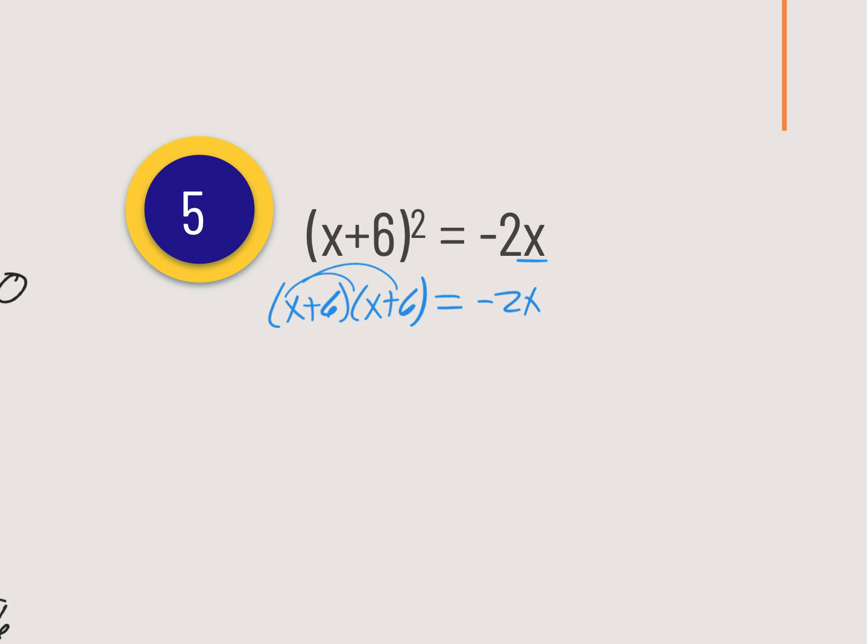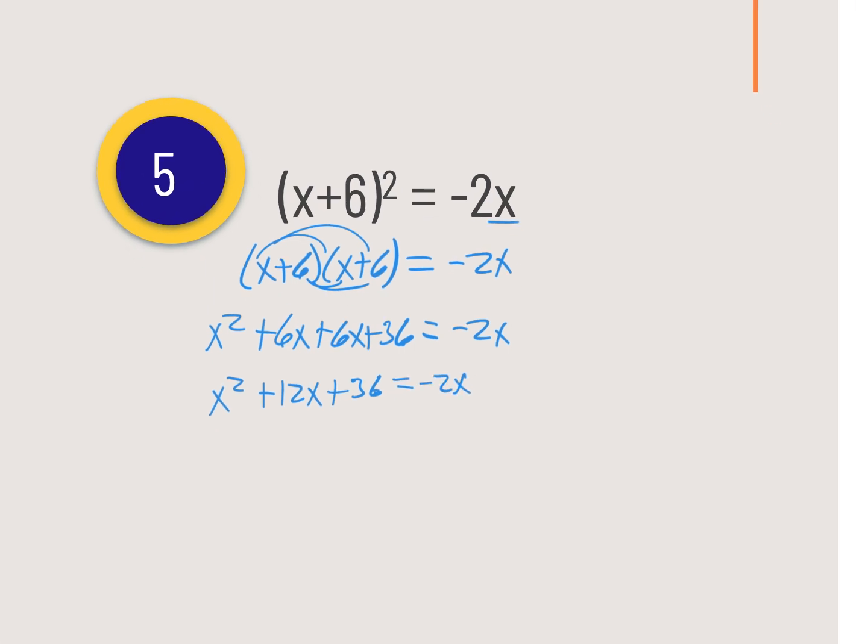We should get x times x is x squared, all right, plus 6x. Distribute the 6 to everything is another plus 6x plus 36, all right, equals negative 2x. We should get x squared plus 12x plus 36 equals negative 2x. All right, let's add the 2x on both sides.